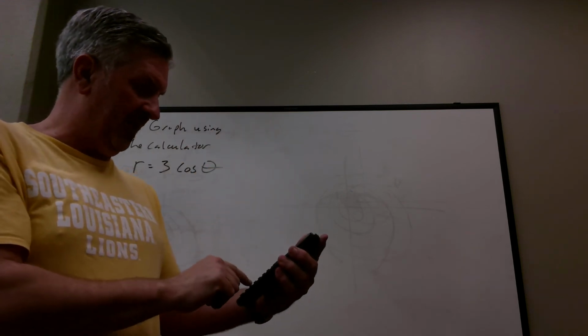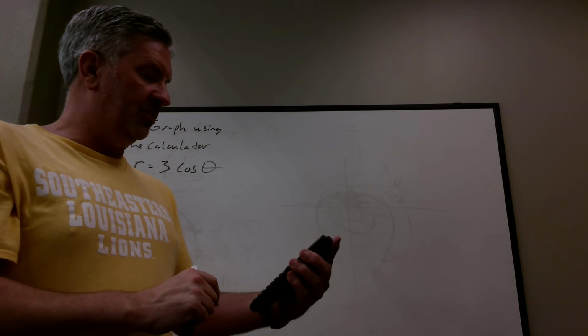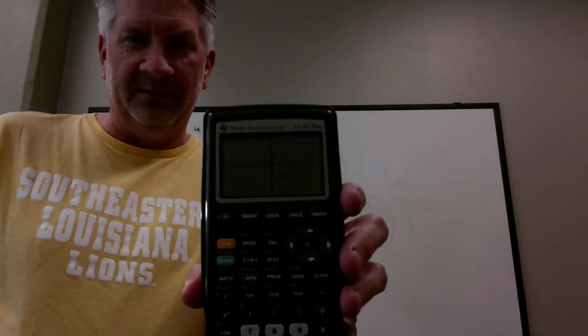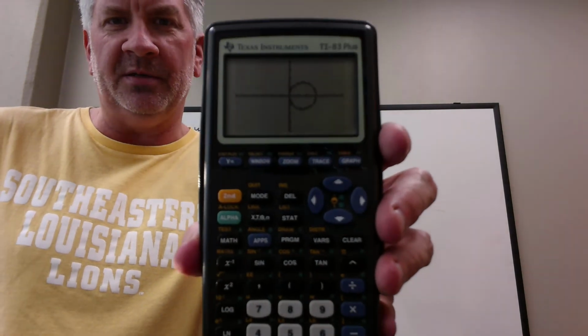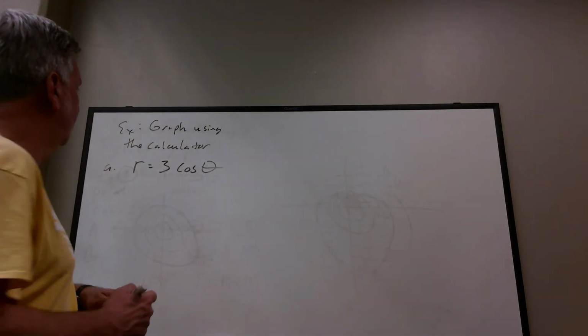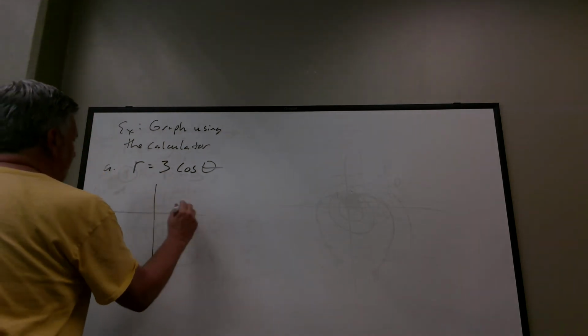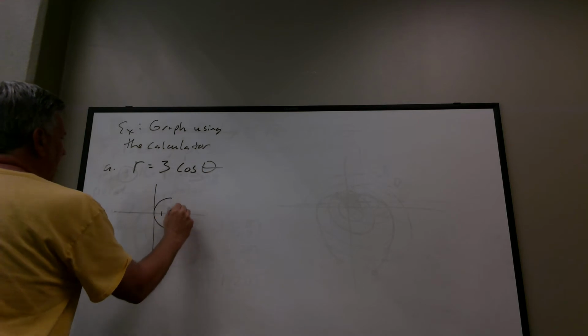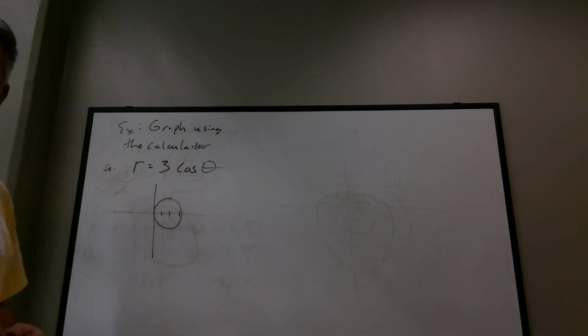So if you hit number 5, the Z square, it'll adjust for that, and notice now it looks, if you can see, it looks more like a circle. Okay, so the graph of this one, it's a circle. Oh, that's not very good, but that's what it looks like. It's a circle.